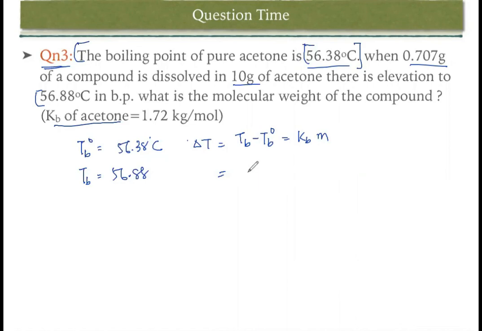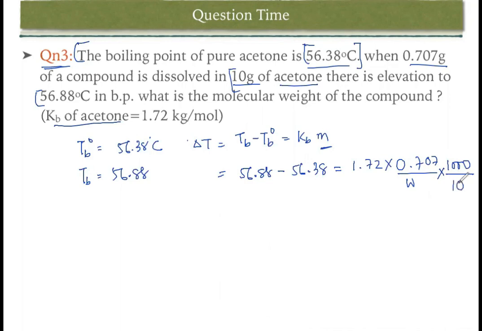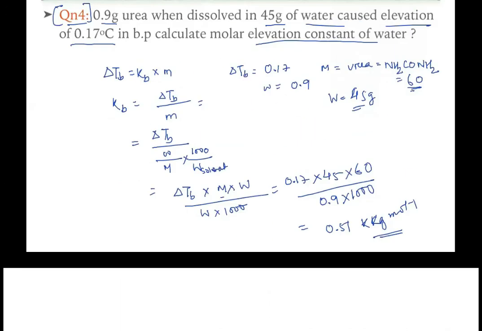Putting all these values, Tb is 56.88 minus Tb naught, 56.38, is equal to Kb, which is given as 1.72, into molality: mass of solute, 0.707, divided by the molecular mass of the solute, which we don't know, into 1000 divided by 10 gram. If we solve this, we will get W as 243.2 grams.